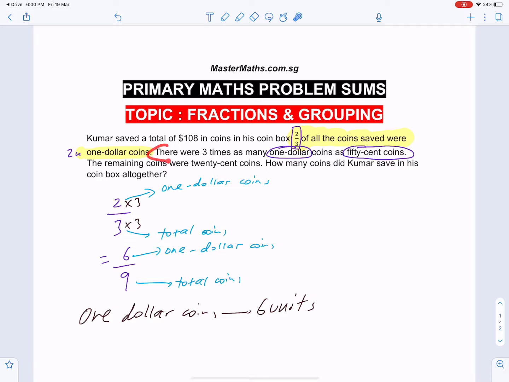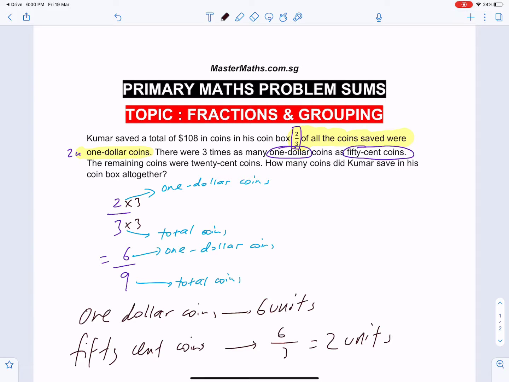So just by looking at this, we will know that the 50-cent coins will be 6 divided by 3, which is 2 units. Why? Because this guy here has to be 3 times as much as this.